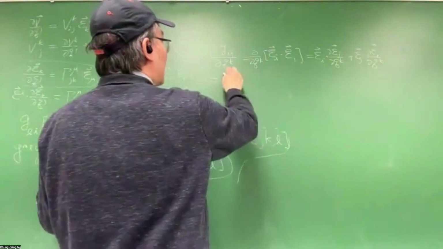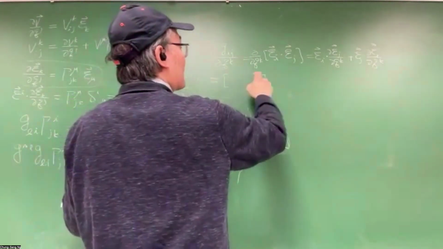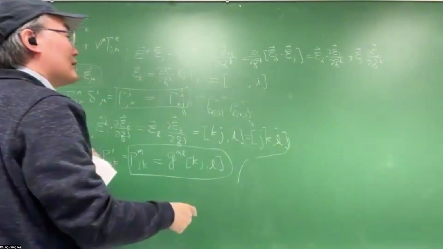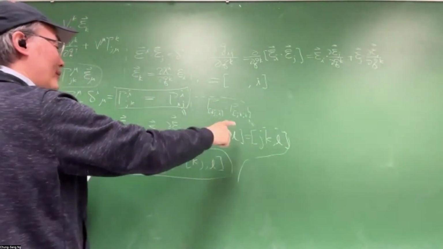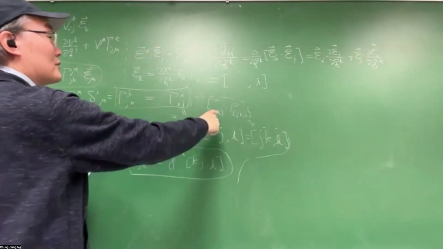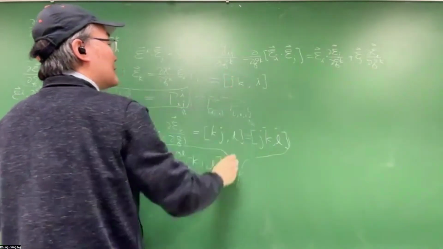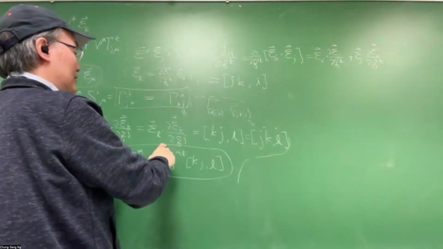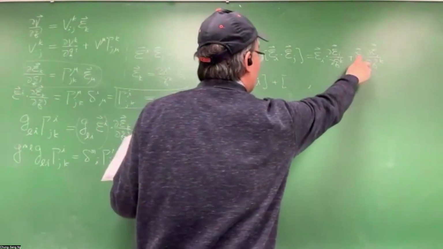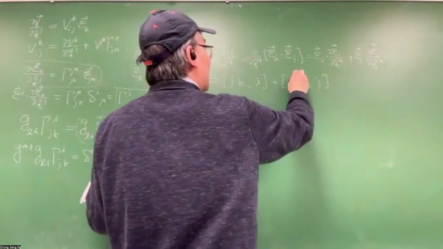So for the first term, the second slot is I, and the first slot will involve J and K. The order doesn't actually matter, but following this definition, J K goes in the first slot. Then the second one is done the same way.